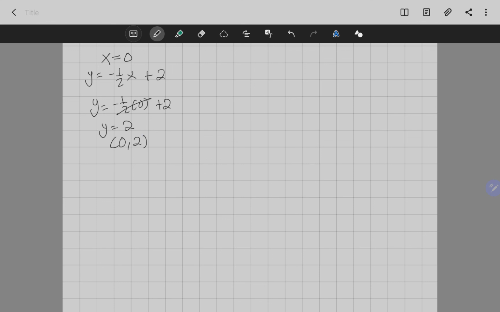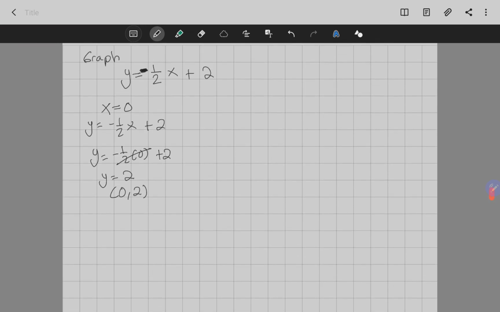That's my first point. When it comes to the next one, I need to pick a different point. So remember, like I said, you only need 2. In this case, what I'm going to do now is I'm going to pick something that is divisible by 2 because of this 2 right there. I want something that is divisible by 2. So I'm going to say, you know what? X is equal to, I don't know, let's pick 2. Because this way, this denominator cancels out.